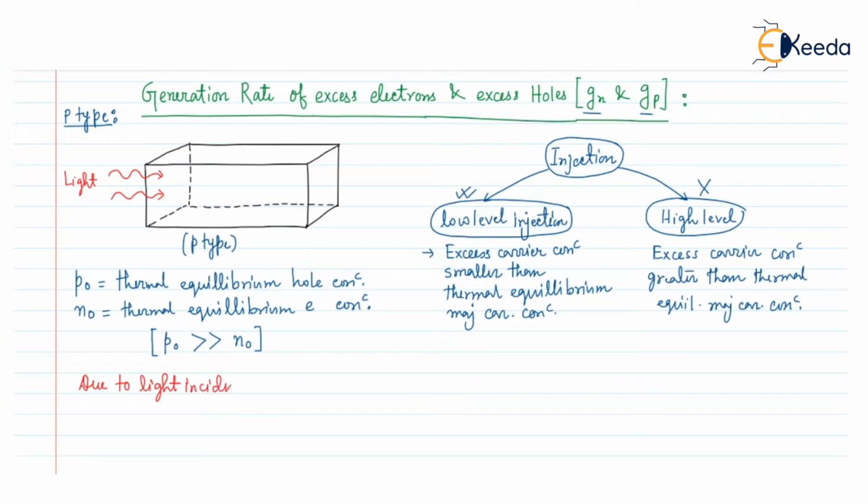In the diagram, the excess carriers will be generated near the surface, within this yellow volume.